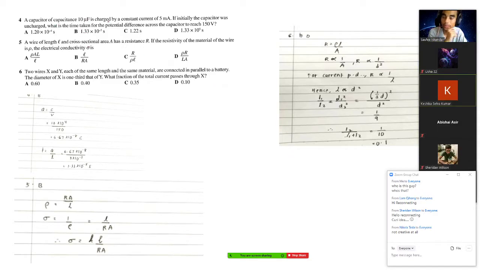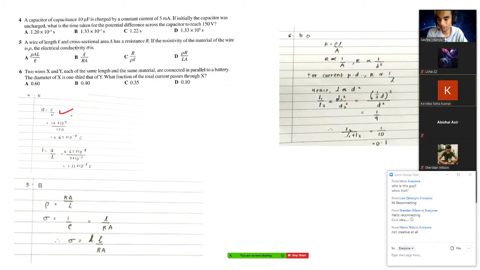A capacitor of capacitance 10 microfarad is charged by a constant current of 5 milliampere. If initially the capacitor was uncharged, what is the time taken for the potential difference across the capacitor to reach the given value? You can use two methods: using Q equals Q naught times the exponential, or you can use this method by Kashika.